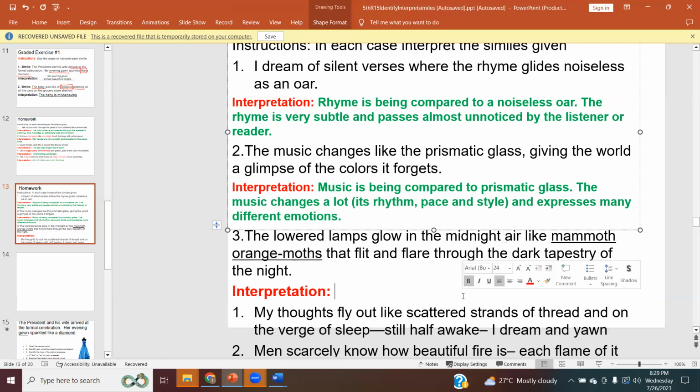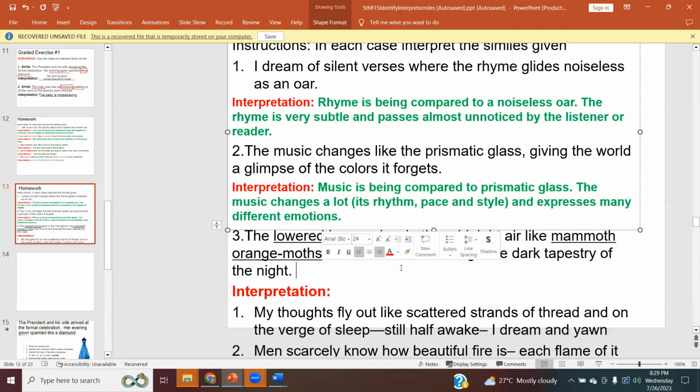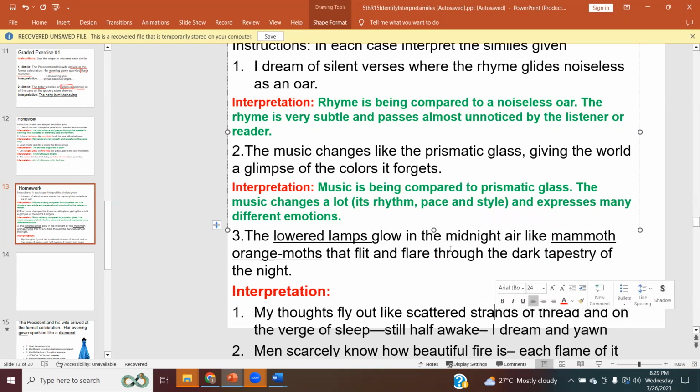It's being compared to what? Anyone want to help him? What else is being compared? We have the mammoth orange moths, and what else? The lowered lamps. Say it again. The lowered lamps. Very good. So the lowered lamps are being compared to mammoth orange moths.